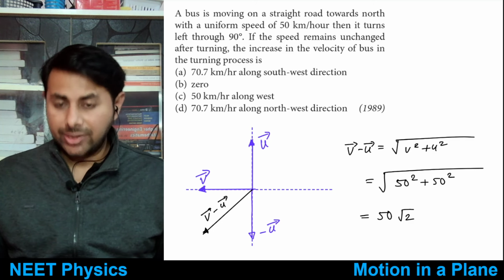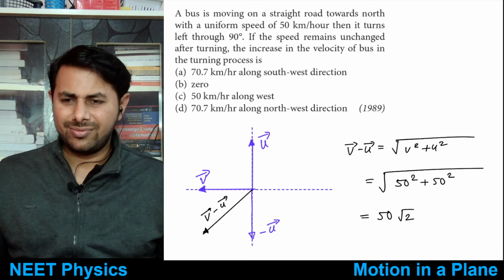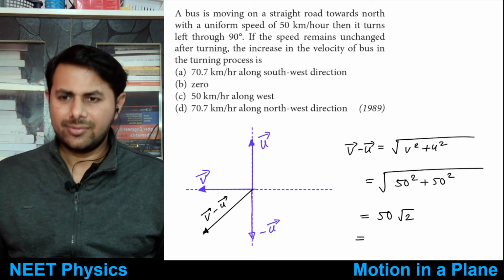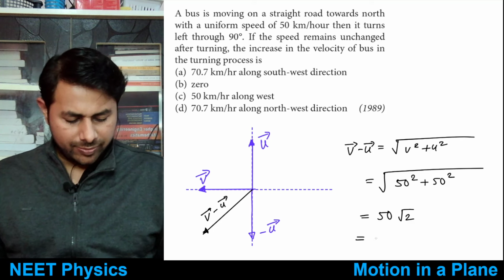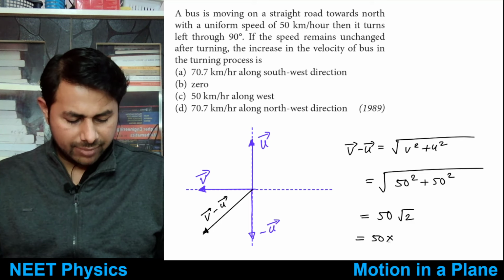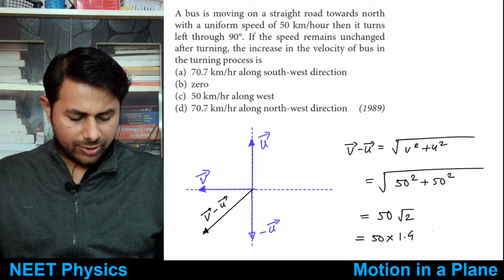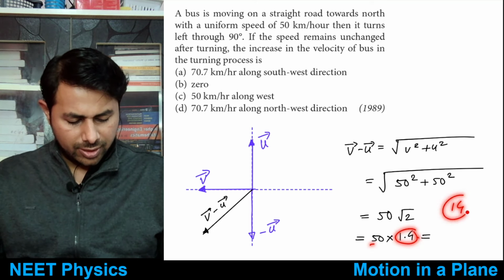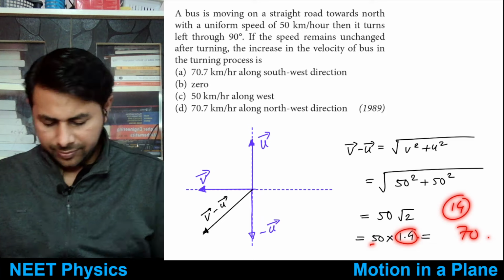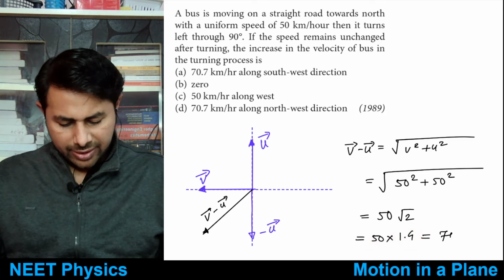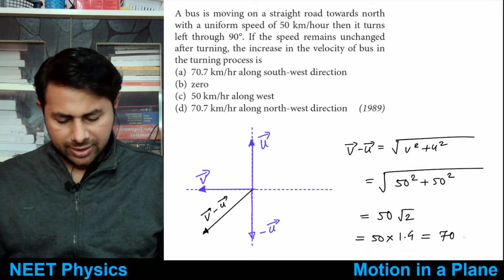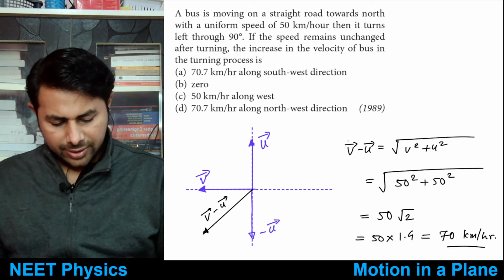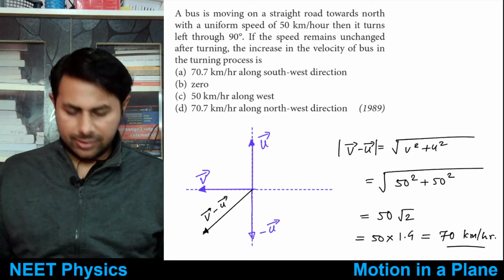How much is root 2? 1.414. Okay, so 50 times 1.4, let's take 1.4 only. How much is it? 14 5s are 70, so 70.7 kilometers per hour. That's the answer. But this is the magnitude, right?